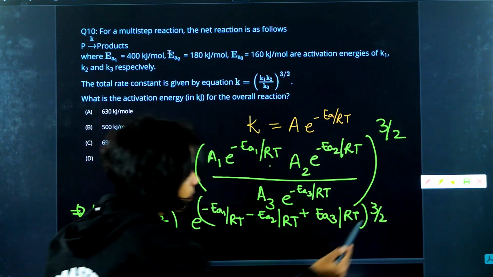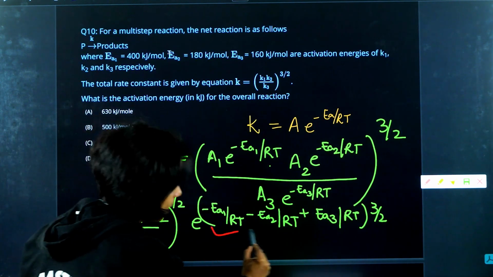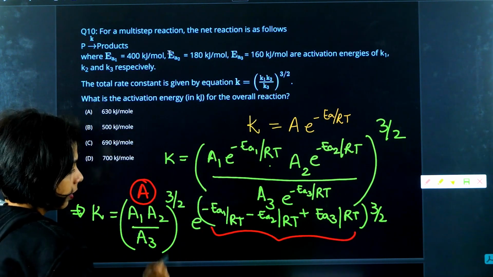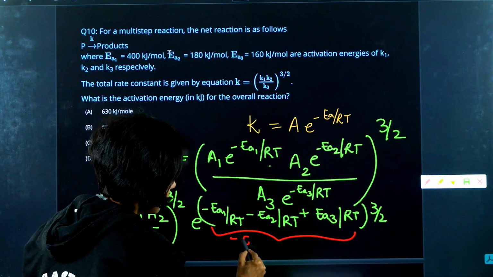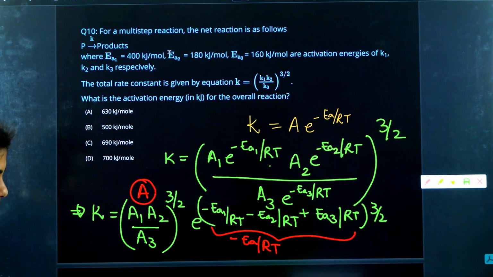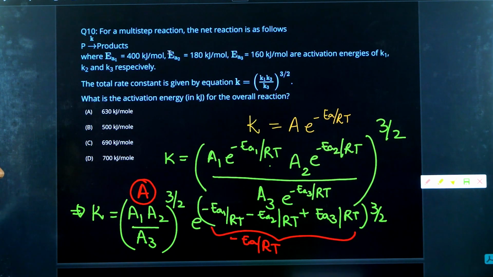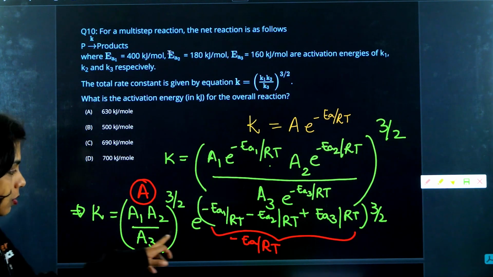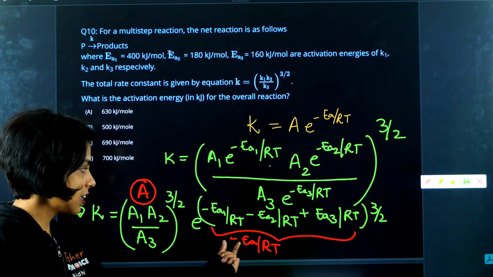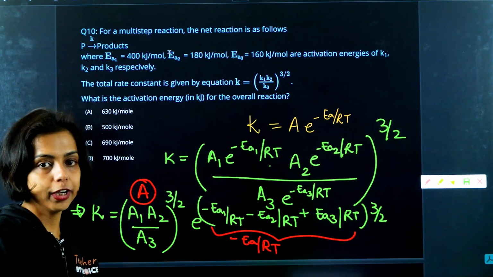So just see, here is K, this is A for the overall reaction, and this entire term, that is the EA by RT term. Yes, minus EA by RT term. So minus EA, or you can say minus EA is equal to minus EA1 minus EA2 plus EA3, that into 3 by 2.